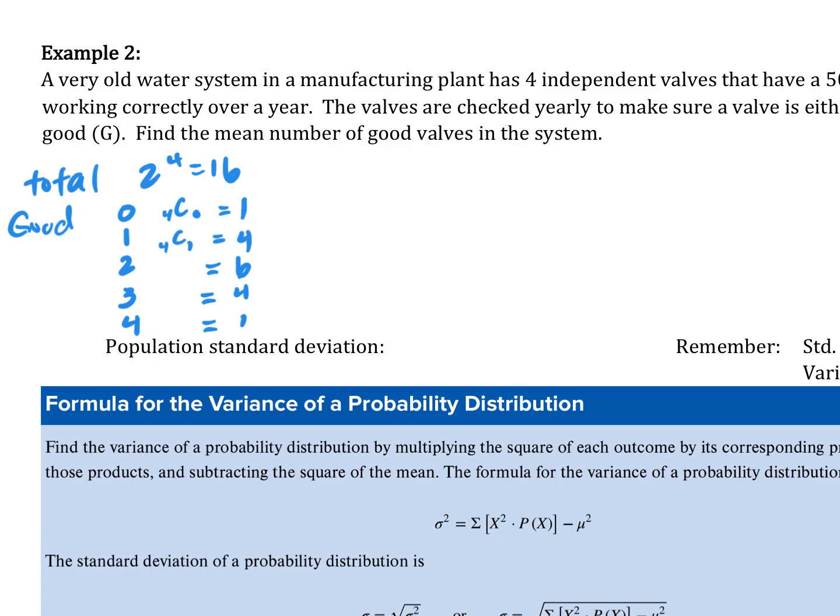Once you have your values, go find your probabilities. I don't care if you write it as decimal or fraction. It does need to be an exact one for this. So it might be best just to put it as a simplified fraction. Then once you have your probabilities, go find your mean.